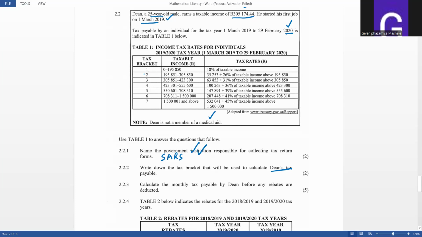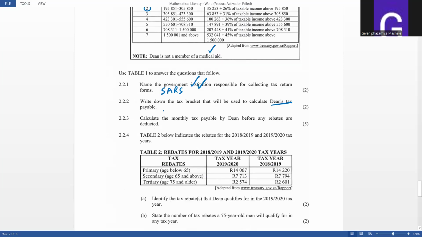It's bracket 2, because the amount falls between 195,851 and 305,850. So it's tax bracket 2.